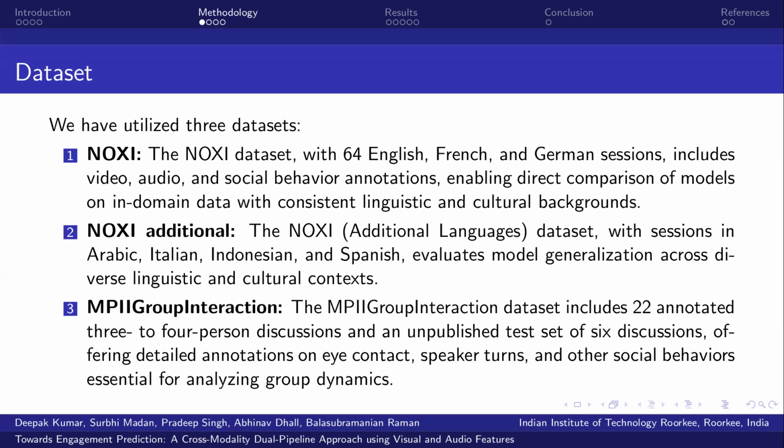We have used three datasets in our study: NOXI, which is the MultiMediate 23 version, NOXI additional languages, and the MPII Group Interaction dataset, which is also called MPIIG. The NOXI dataset has 64 sessions in English, French, and German, and includes video, audio, and social behavior annotations.